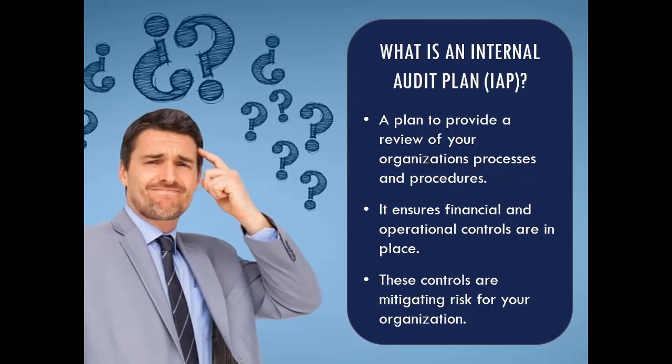Usually it falls within the organization's fiscal year. And these reviews just ensure that financial and operational controls are in place. Coding and billing functions typically fall under that operational control. And we'd like to see these as part of the internal audit plan, as these areas are very highly regulated. Coding and billing rules change constantly, and lack of following these rules can pose risk to the organization, as well as financial risk.